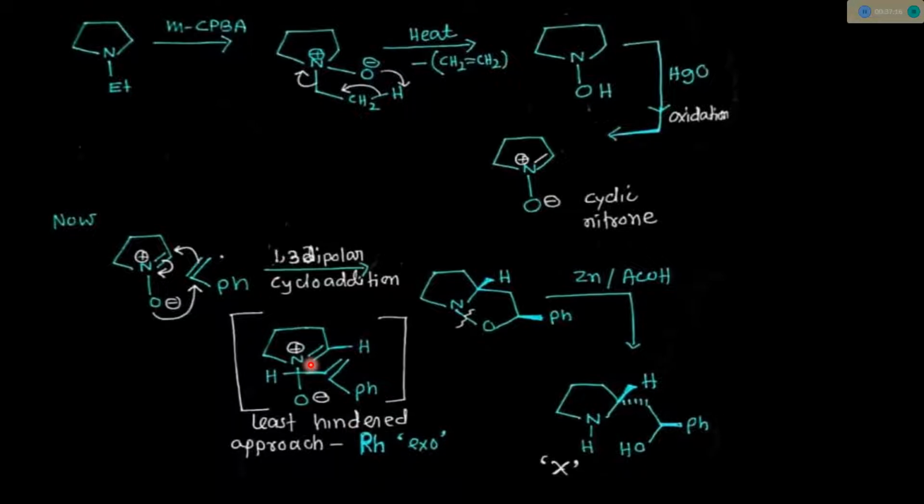In the product after the cyclization reaction, see, this hydrogen is on the same side as this Ph. So after the cyclization product, we have to take care about the stereochemistry of this hydrogen and this Ph. They should have the same stereochemistry. That's why we draw H and Ph above the plane.